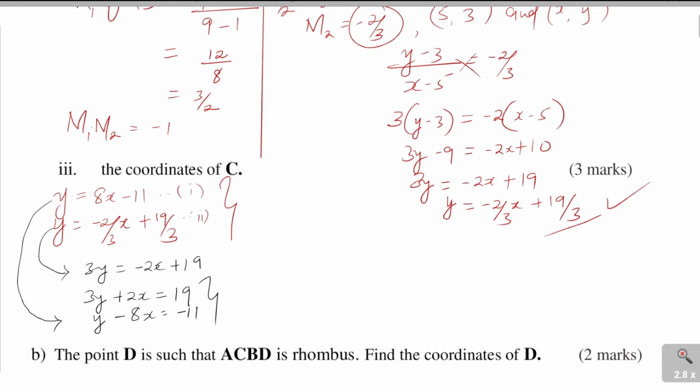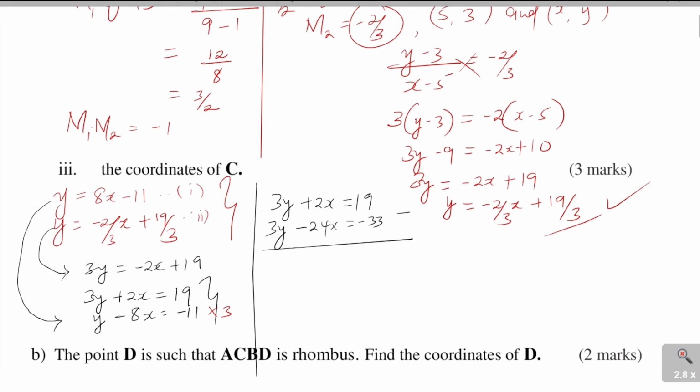So now solving them simultaneously, I will eliminate y. So I'll multiply equation 2 by 3. I will have 3y + 2x = 19, that's equation 1. Then equation 2, you multiply all through by 3, you get 3y - 24x = -33.